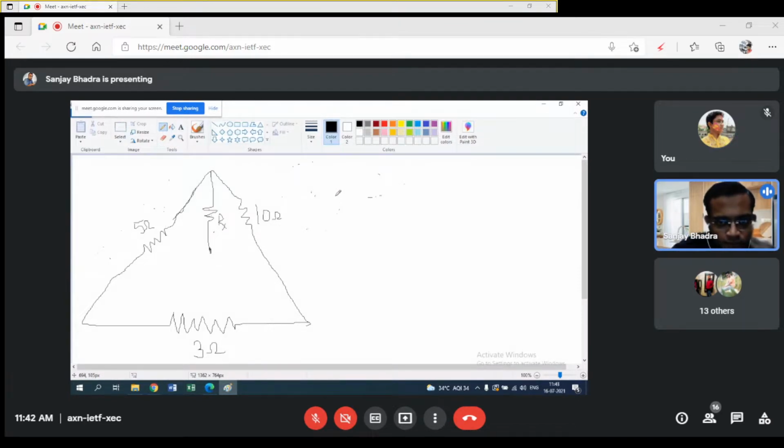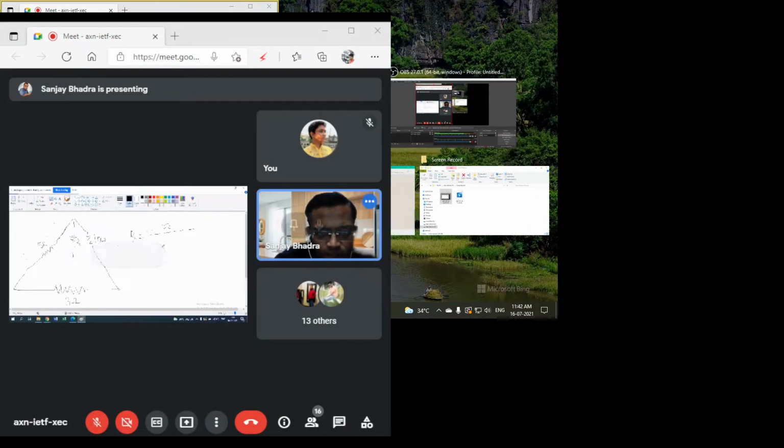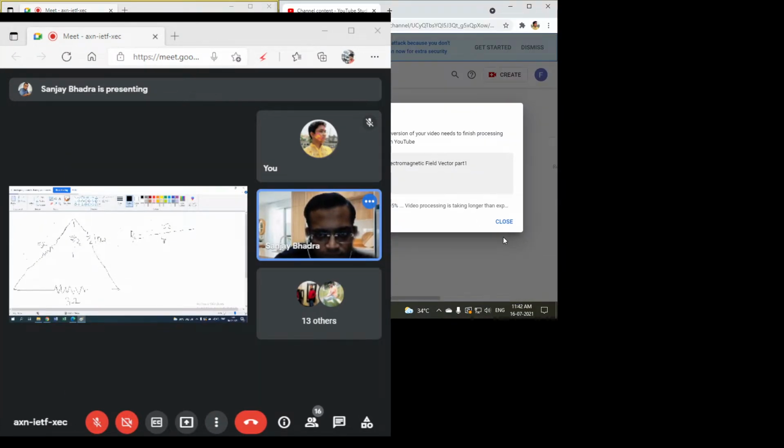So what will be the value of Rx? Can anyone tell me? 5 into 10 divided by 5 plus 10 plus 3. Yes, 5 into 10, that is 50, divided by 5 plus 10 plus 3. What is the result?